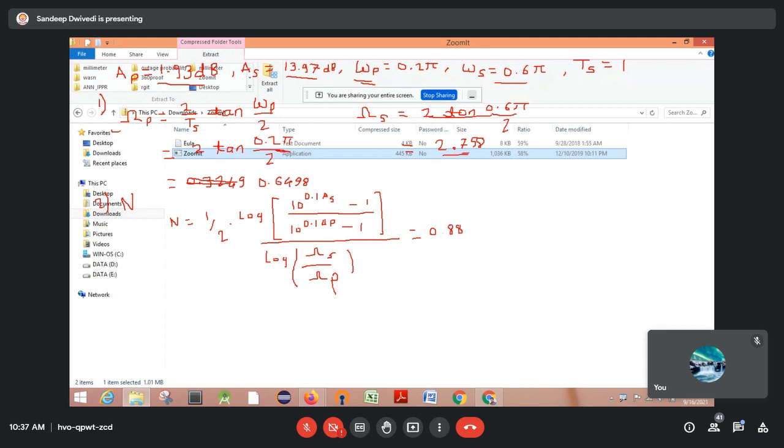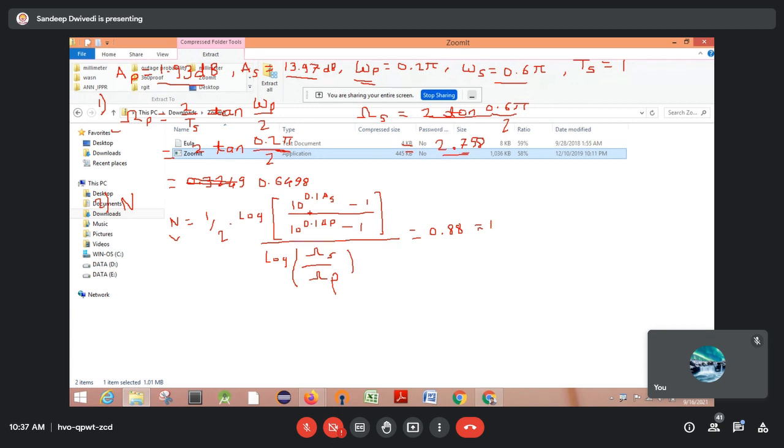What are we getting? 0.88. It is closer to 1. You cannot take 0.88 as the order. You need to round up. So the order of the filter will be 1 over here.